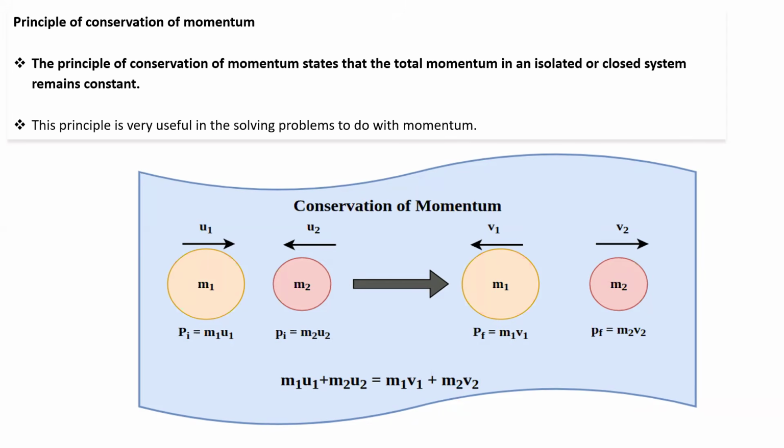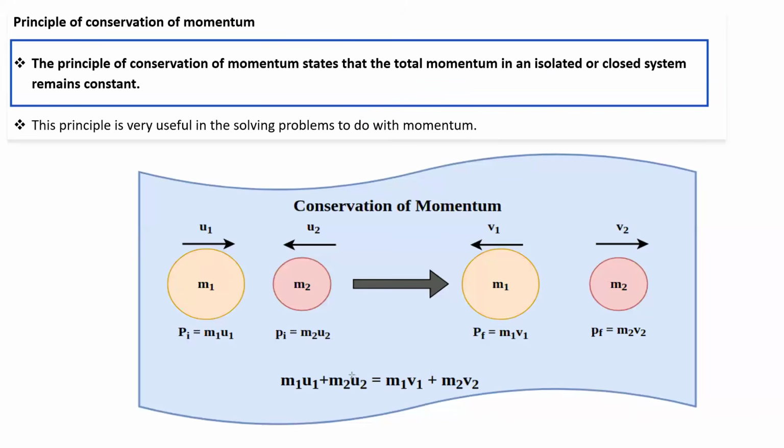Your syllabus requires you to be able to define what the principle of conservation of momentum states. And for 2 marks, I took this from your exam guideline, it says, the principle of conservation of momentum states that the total momentum in an isolated or closed system remains constant.